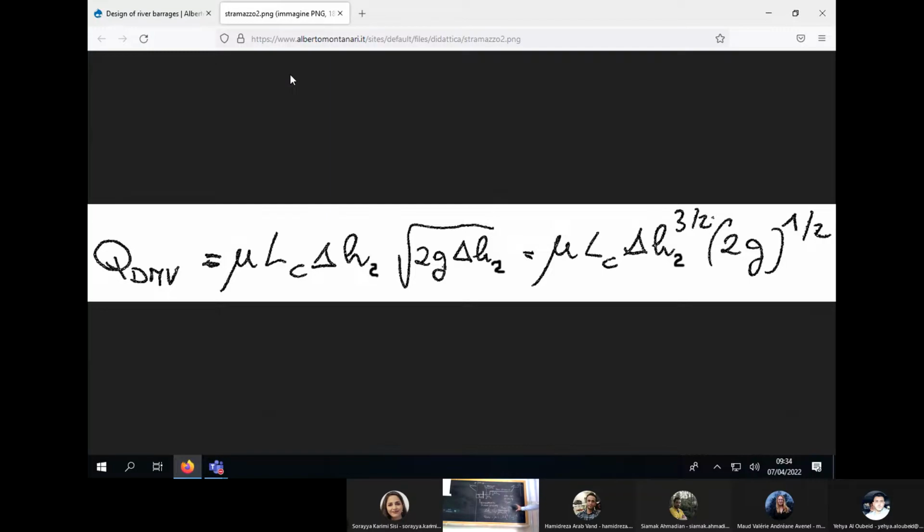This is the representation I'm interested in. This is the relationship I'm interested in. So you may say, how can I determine LC? Usually there are technical guidelines, legislations that tell you the minimum value for LC.